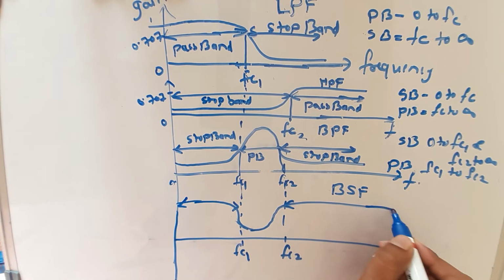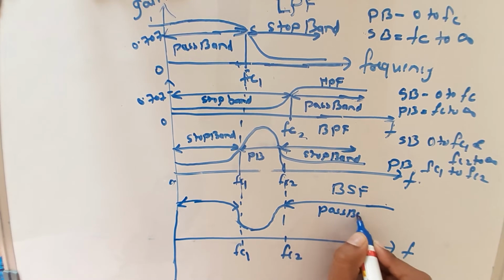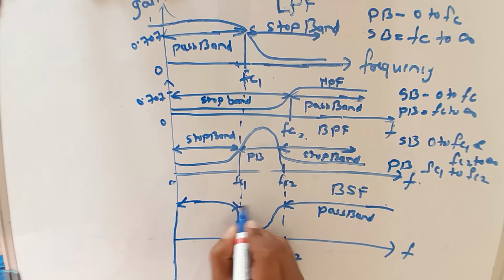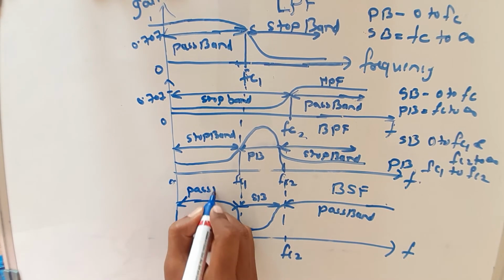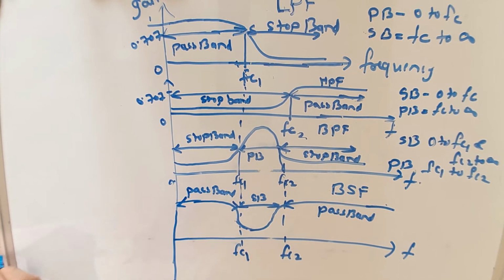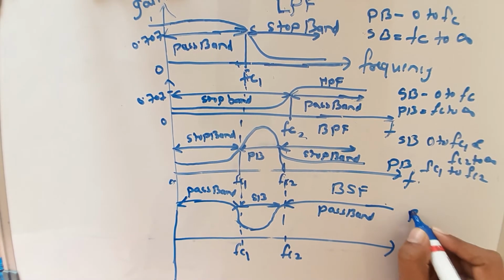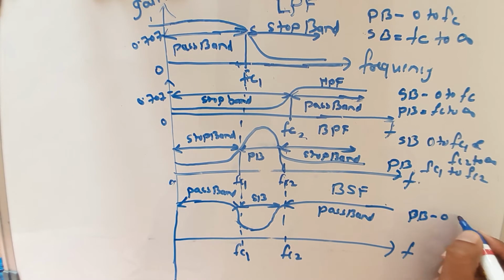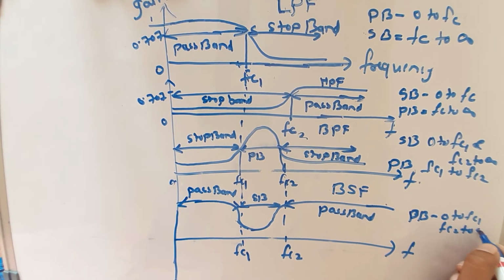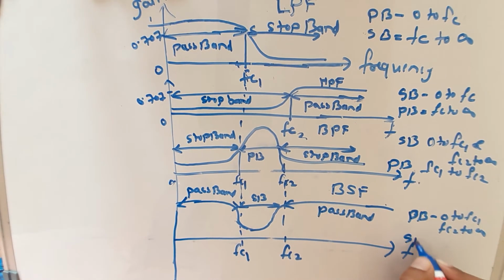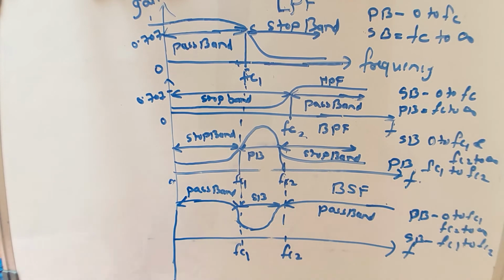Now this band is a pass band where the gain is maximum. This is a stop band, and this is again a pass band. So the pass band PB equals 0 to FC1 and FC2 to infinity. Then the stop band is from FC1 to FC2, exactly inverse of this.